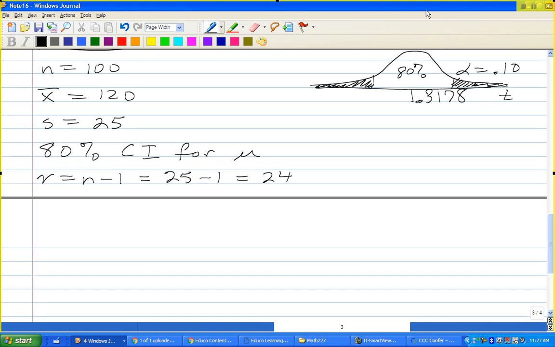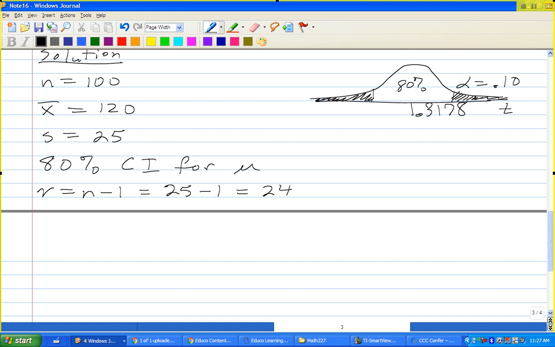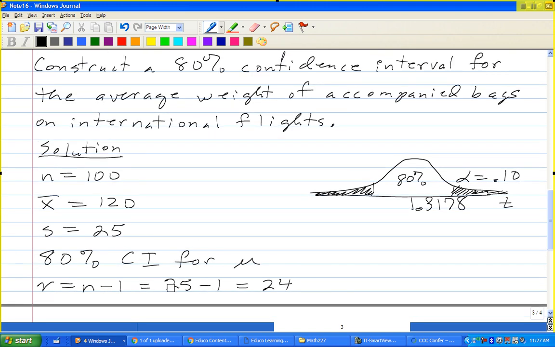Okay, so the confidence interval. Wait, there are 100.